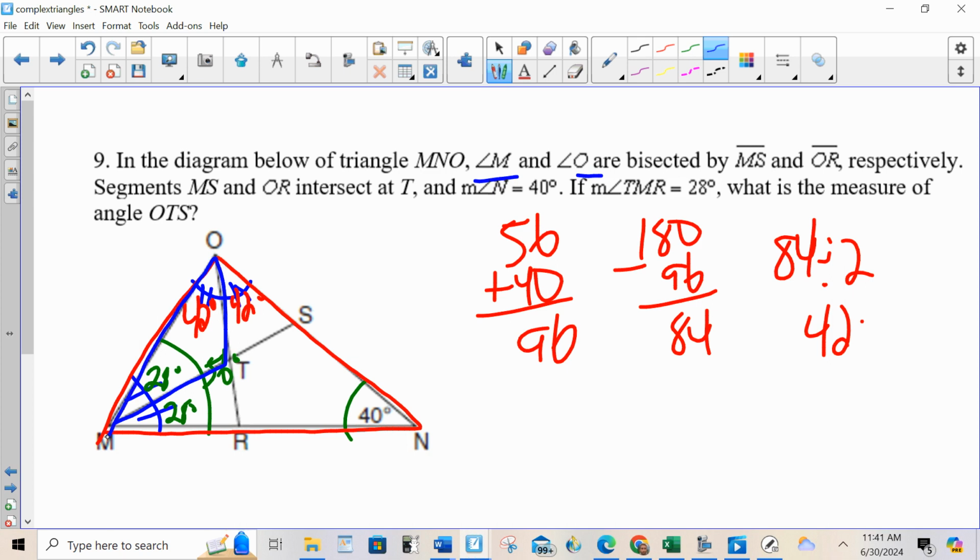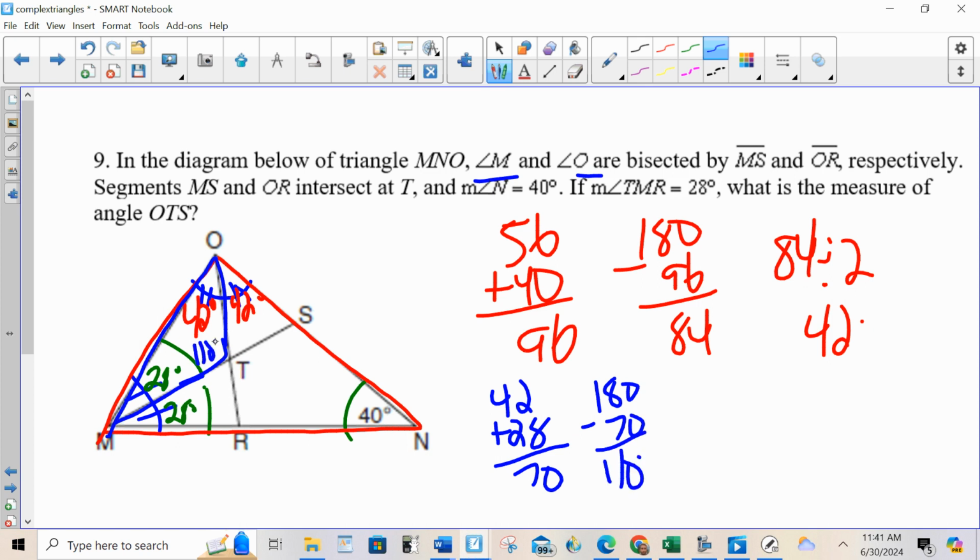I see this one. I'm just going to remove that 56 because it's kind of in the way. I don't think I'm going to need it. So now that I have that one, I have the 42 and the 28. So 42 plus 28 is 70. 180 minus 70 is 110.